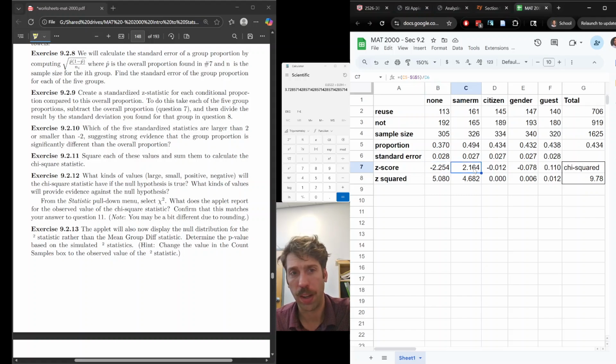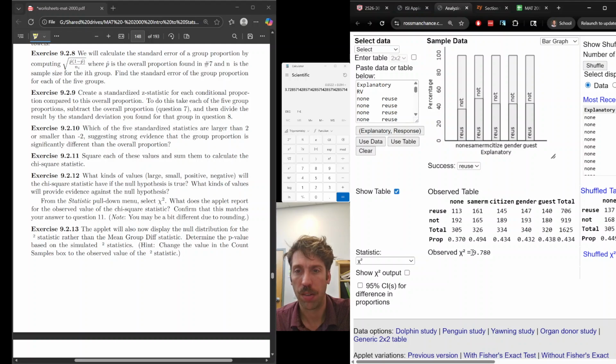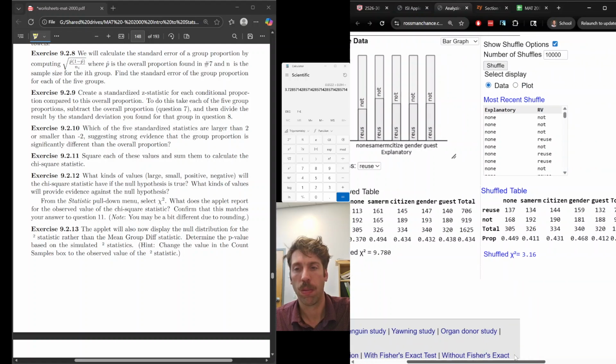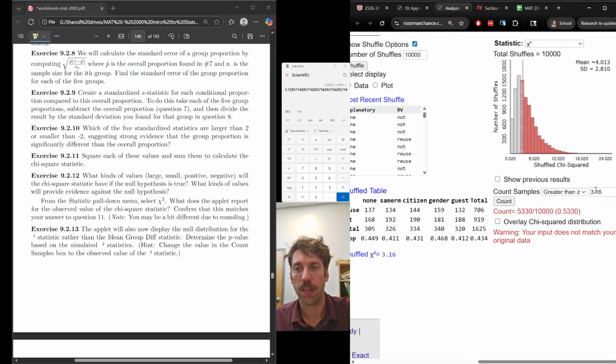So that would change my answer to number 10. And then my chi-squared would change my answer to number 11. And now that 9.78 matches what I got in the table there. So I use that number. It's a good thing this app has that little warning there. That's nice.